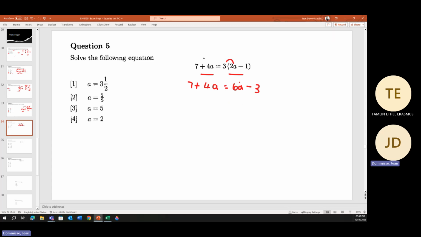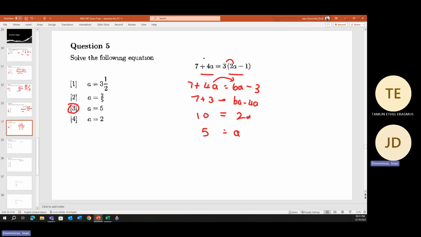Then on this side, it's the highest number of a's, so I will bring all the a's over. So we'll sit with 6a minus 4a on this side, and on the other side, 7 plus 3. So 2a equal to 10. So a is equal to 5, which there is an answer for.